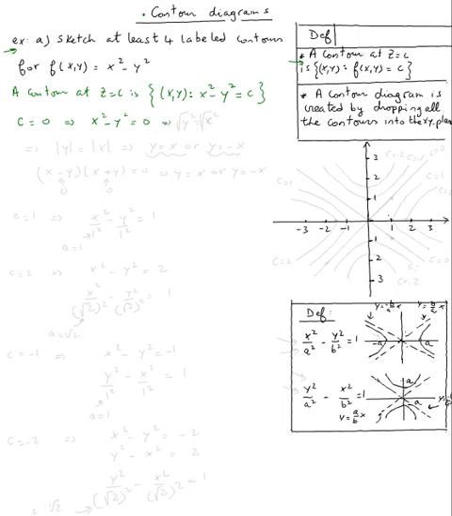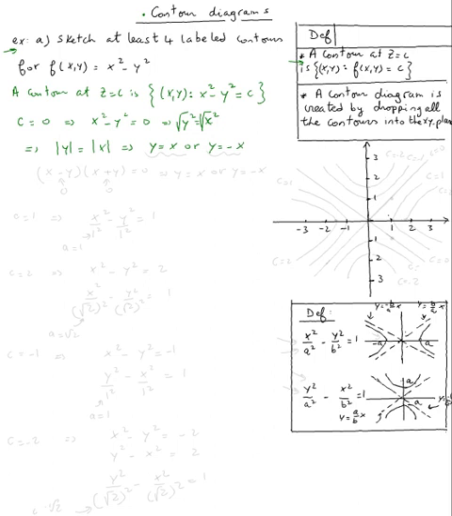You can just do it this way. y squared is equal to x squared. If you square root both of them, square root of y squared is equal to square root of x squared, which means absolute value of y is equal to absolute value of x. This tells us that y is equal to x or y is equal to negative x.